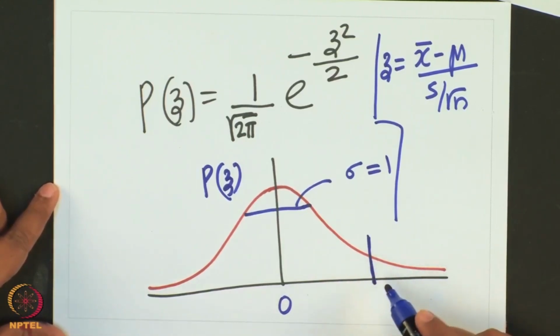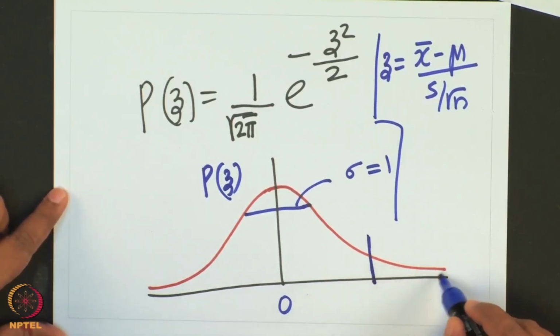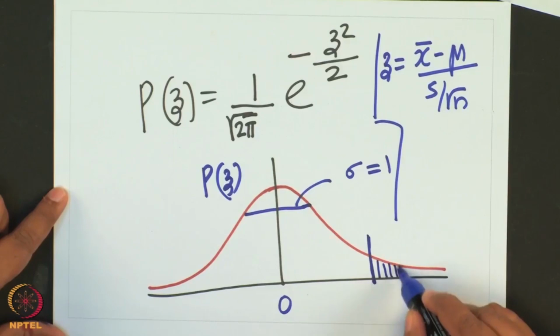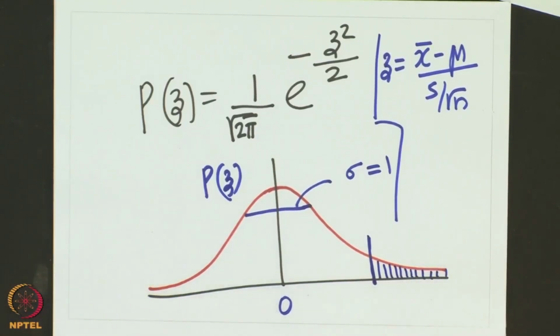But even if you reject it, there is some probability of getting bigger z values like these. So your rejection of the null hypothesis could be wrong, and there is likely to be an error in rejecting the null hypothesis.